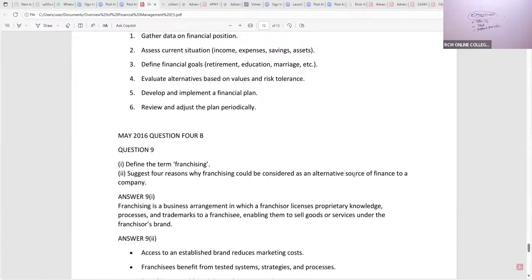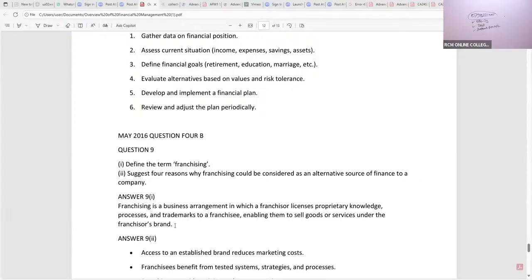Once you paint your premises with that red and put that logo, you are assured of people buying from you immediately because of the kind of marketing the franchisor has been doing over time.